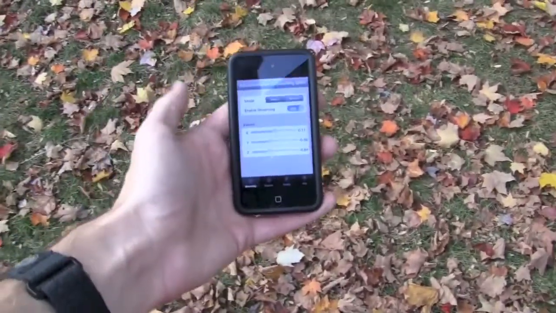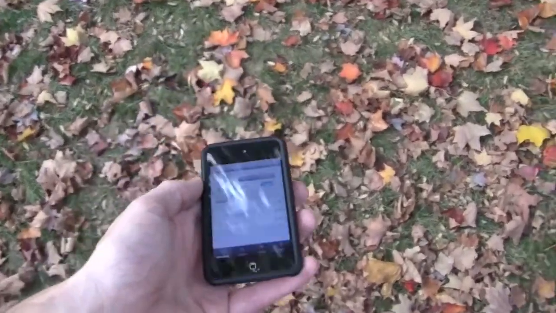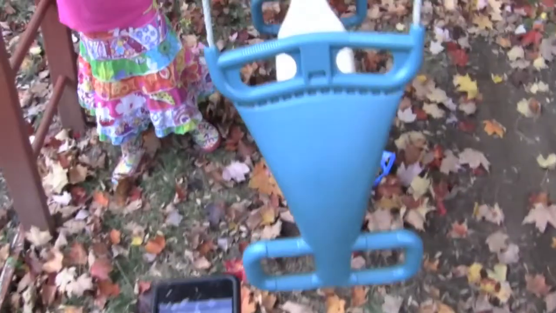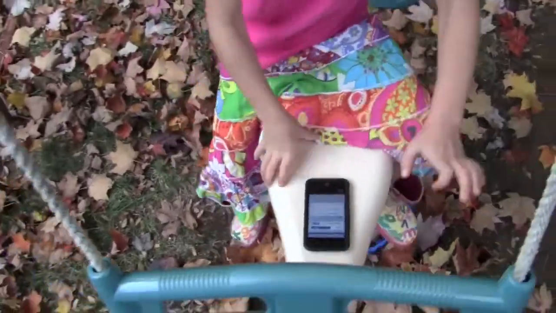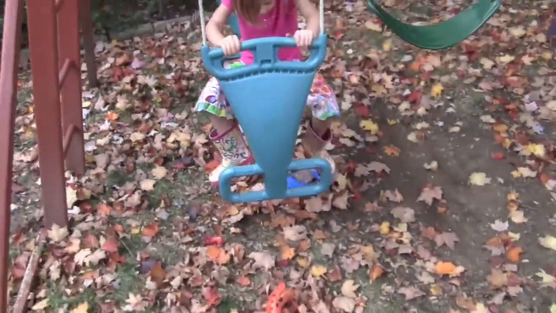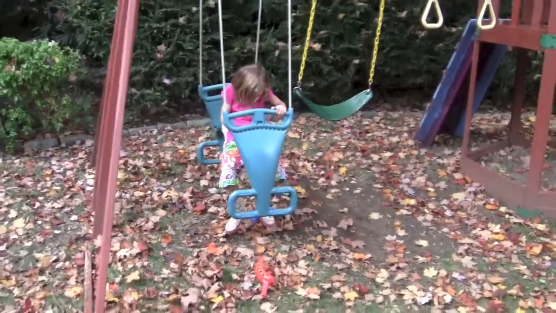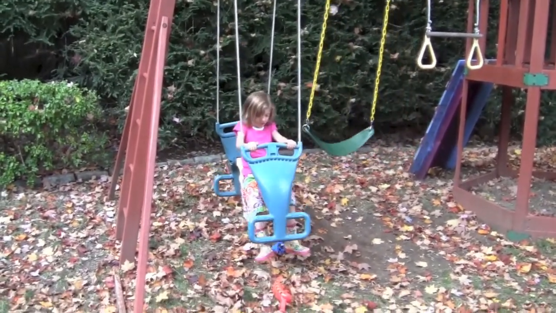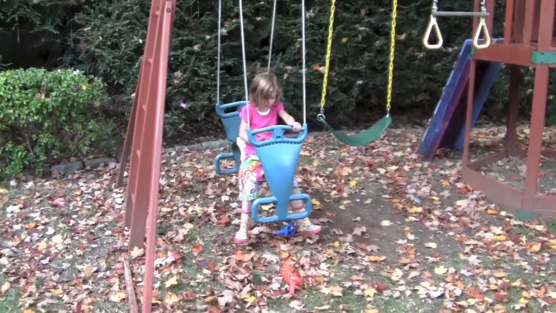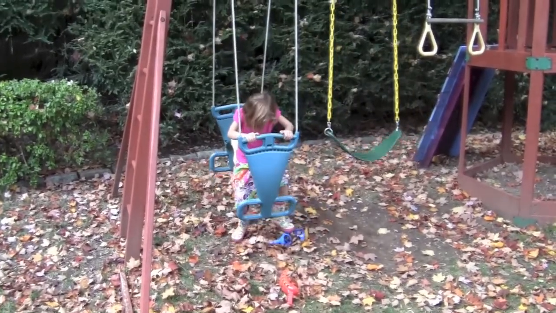I've got my iPod here. Put it on the swing. Try to hold it so it stays on there. All right, go for it. You want to push to start?